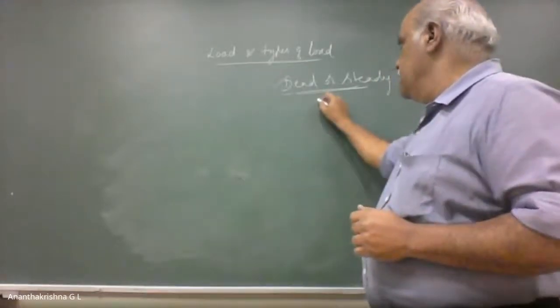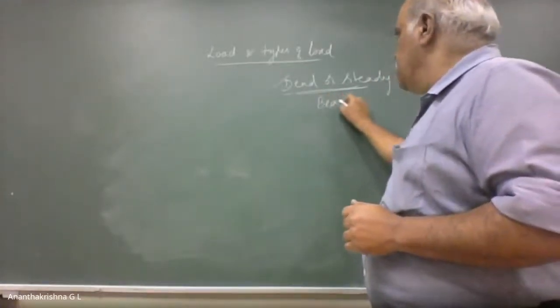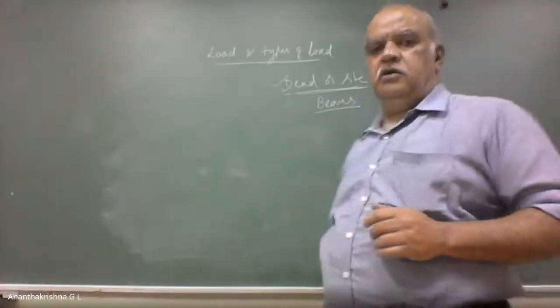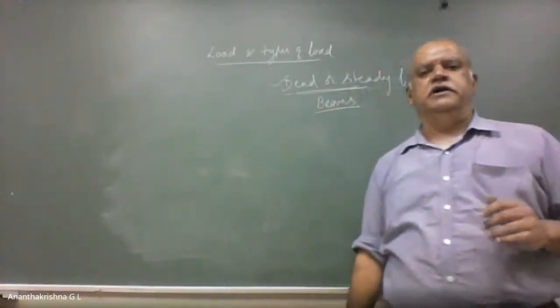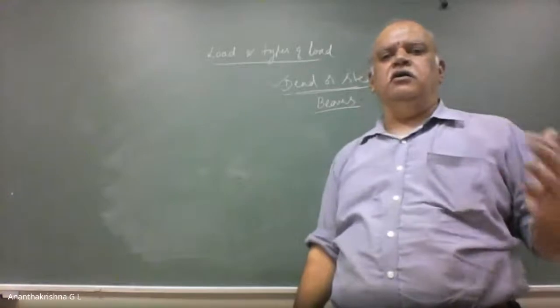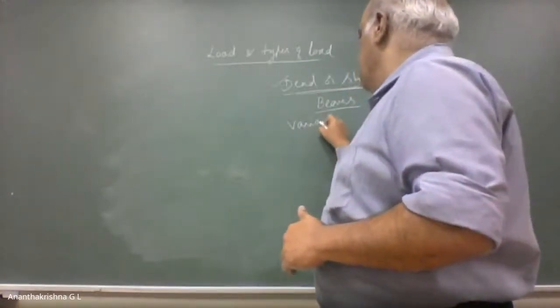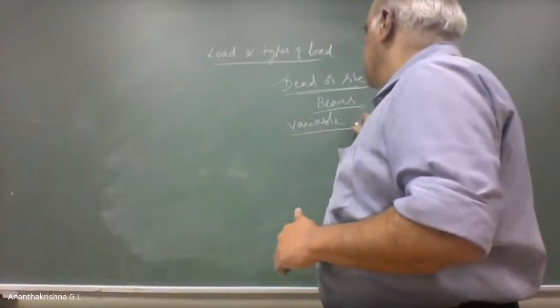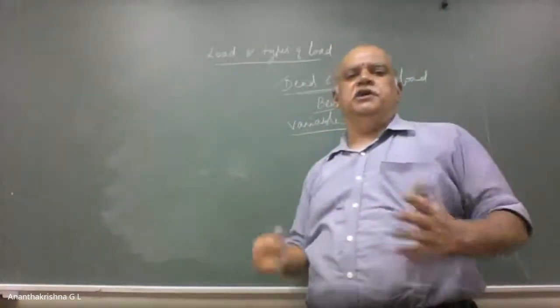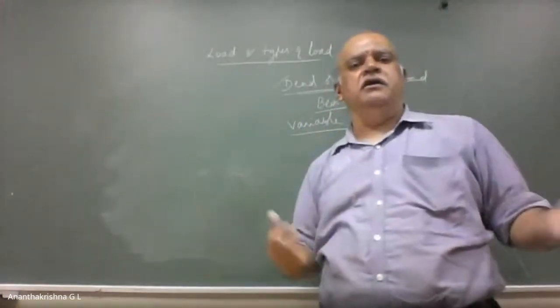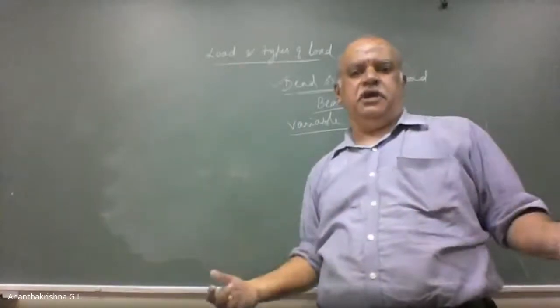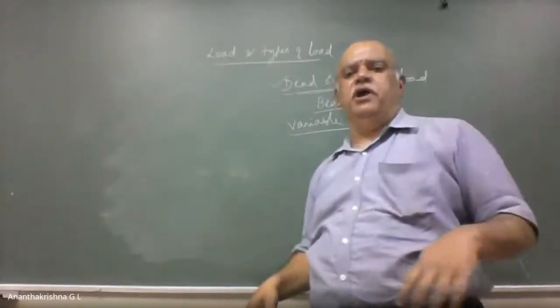That is essentially loads on beams, columns, girders, etc. They are all dead or steady loads. Next comes variable load. In variable load, there is change in magnitude and direction dynamically, or the load is suddenly applied.